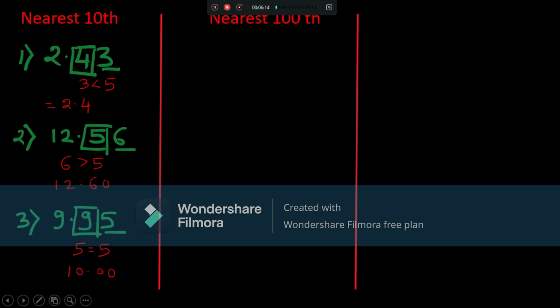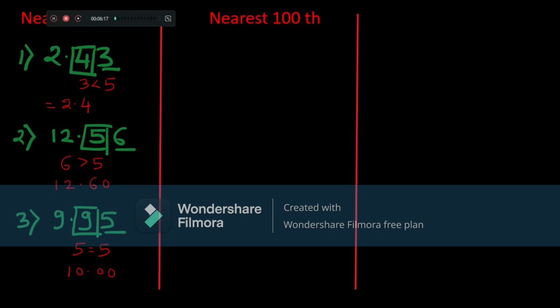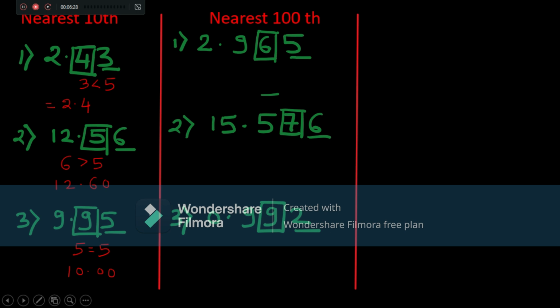Let's learn how to round off to the nearest 100th place. We'll see on the screen this number is 2.965. At the 100th place, the number is 6 and the number to the right of this is 5, which is equal to 5. So in this case, we need to increase this 6 by 1, and when we round it off, this will become 2.970.